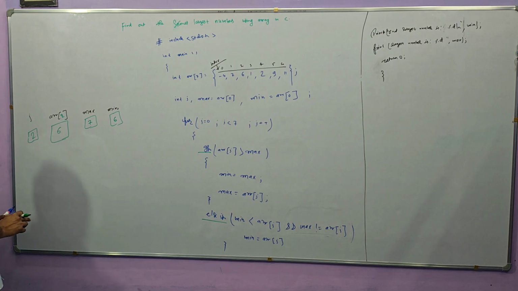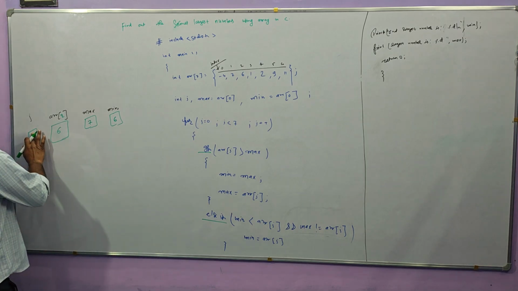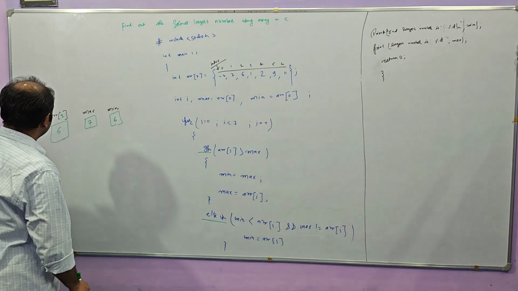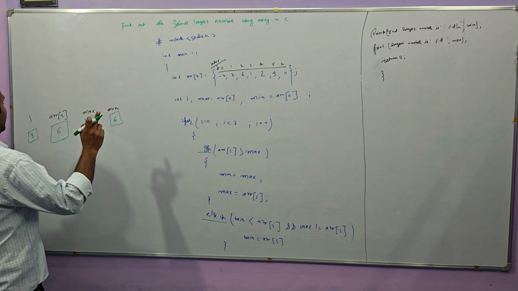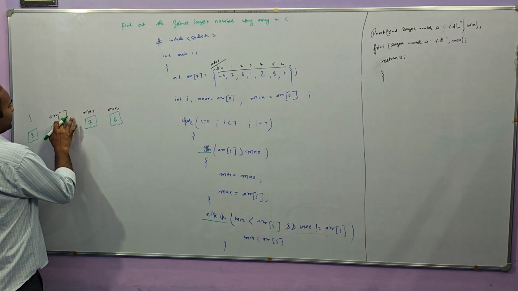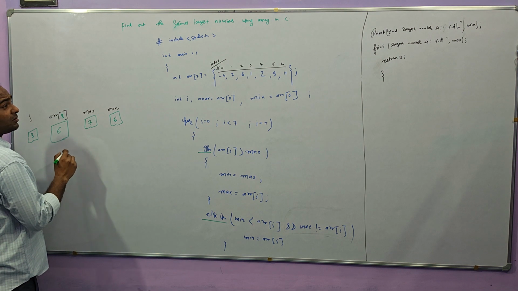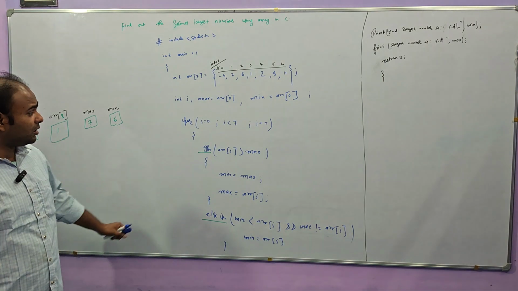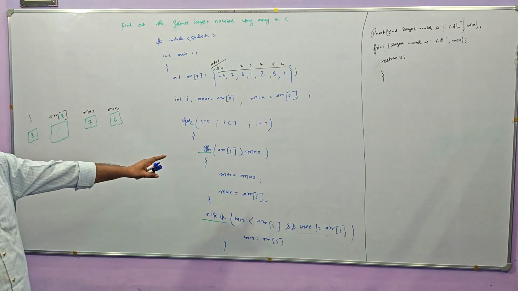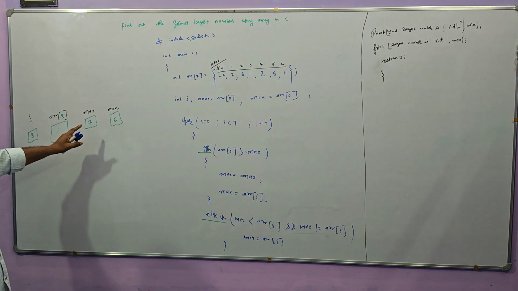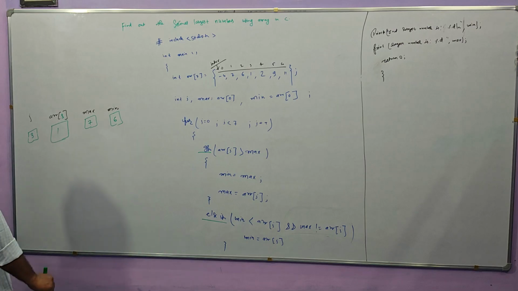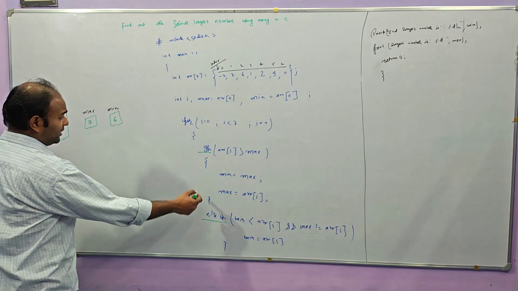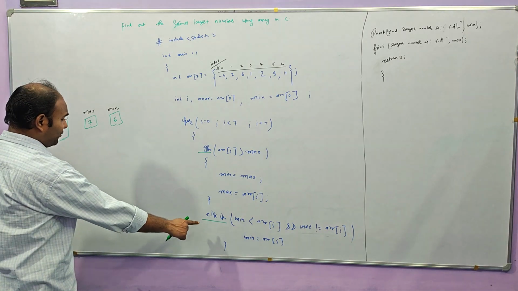Now we increase i, i plus plus, i becomes 3. ar[3] becomes 1. Is 1 greater than max 7? No. So we check the else condition.